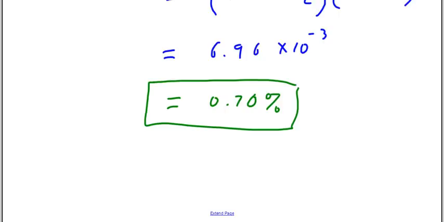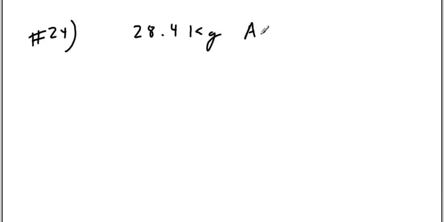And problem number 24, and we're still in the same place. I've got 28.4 kilograms of aluminum, and it's in a cylinder wheel of radius 0.41 meters.